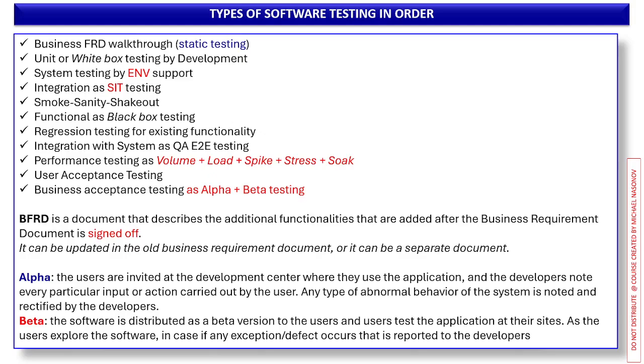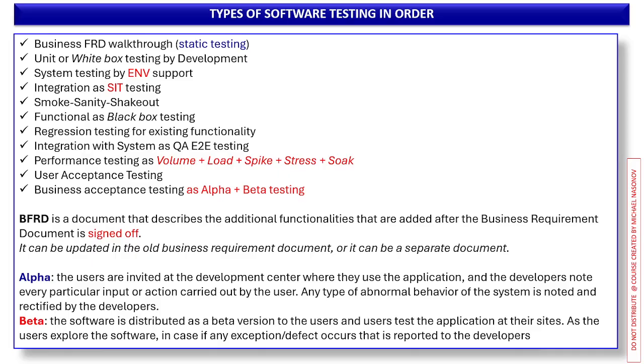For example, when your application is large scale, with multiple websites, multiple databases, cloud, mainframes, SIT or system integration testing is responsible to make sure that your testing environment is properly connected.